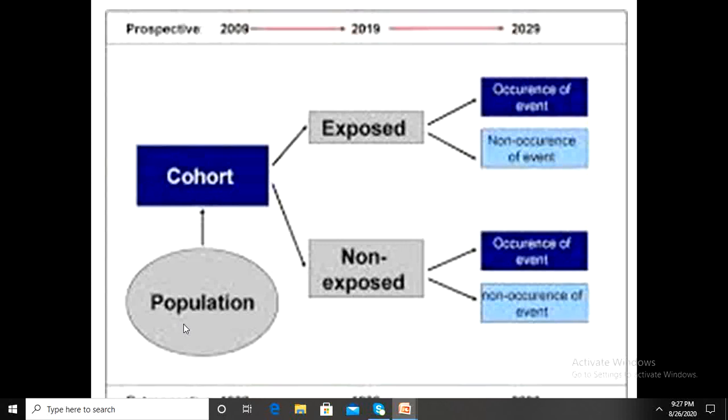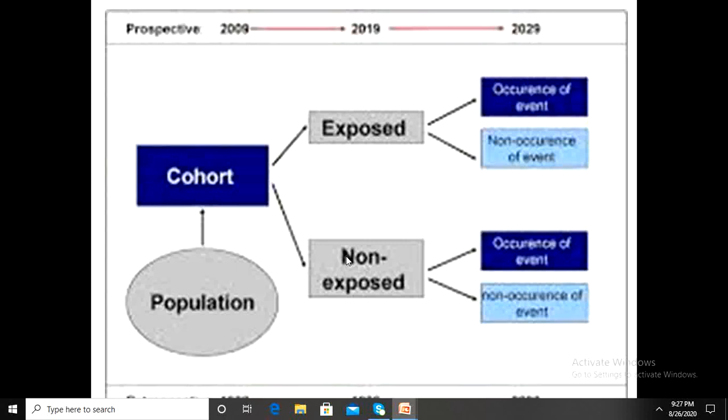The diseased population lies behind, and the cohort consists of only the susceptible group who can develop disease over a period of time. Apparently, at this point in time, they are healthy, and they share common characteristics. This cohort is divided on the basis of its exposure into two groups, the exposed group and the non-exposed group. Let me give you an example.